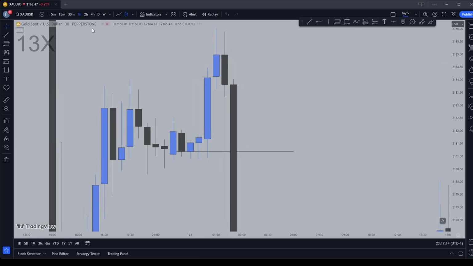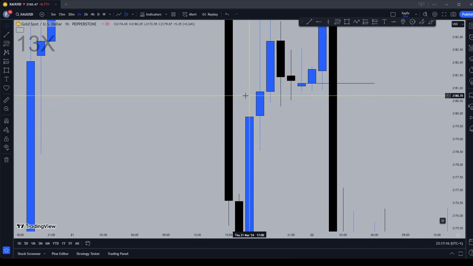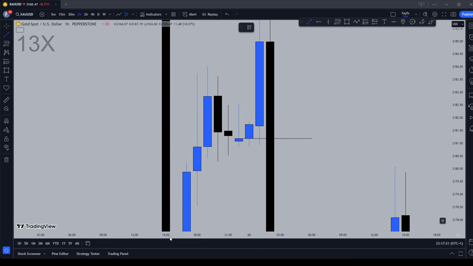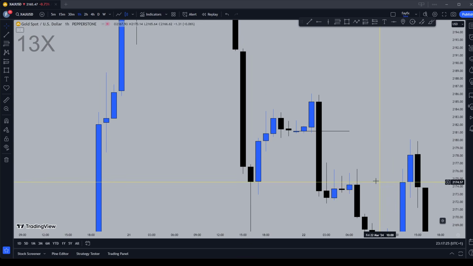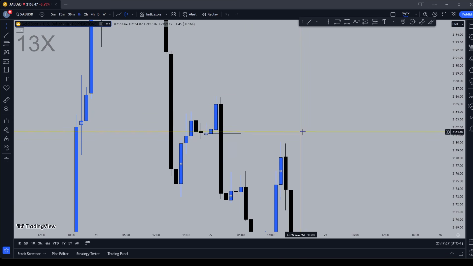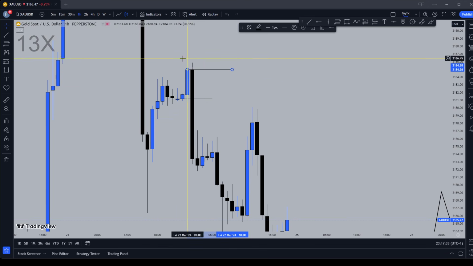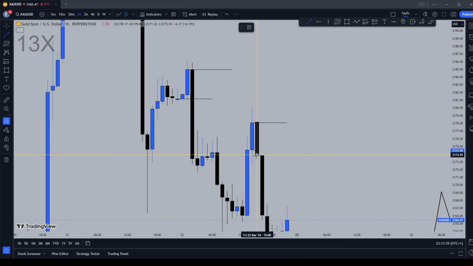Let's see another example. In 1 hour we have A level. In 1 hour we have a gap.